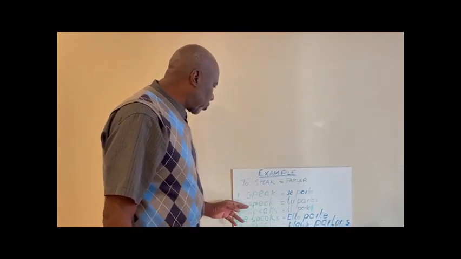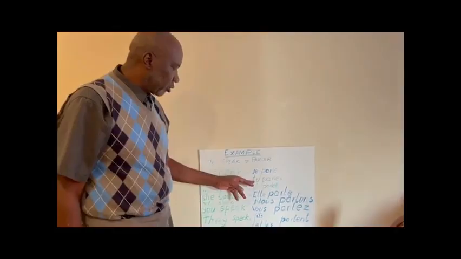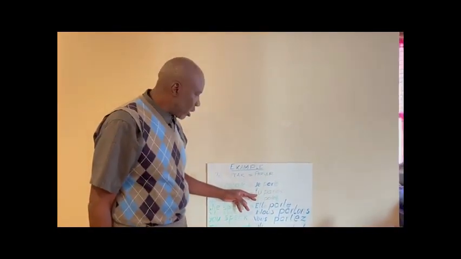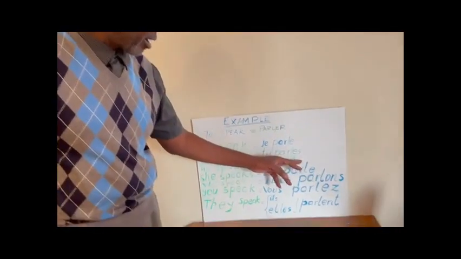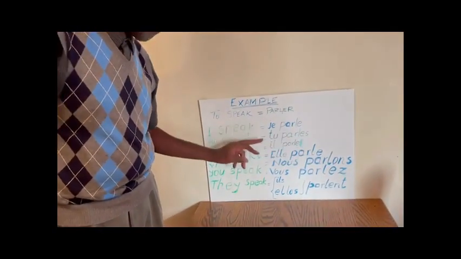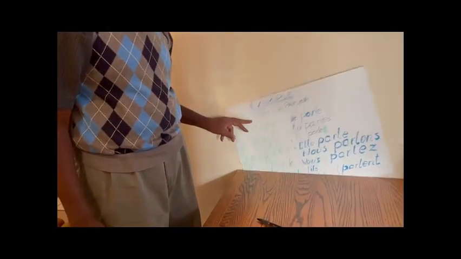When you go to you speak, you can see we use the subject tu, as we have just learned, and then we change ER, we remove the R, we put S. When it is tu, when it is you in English.